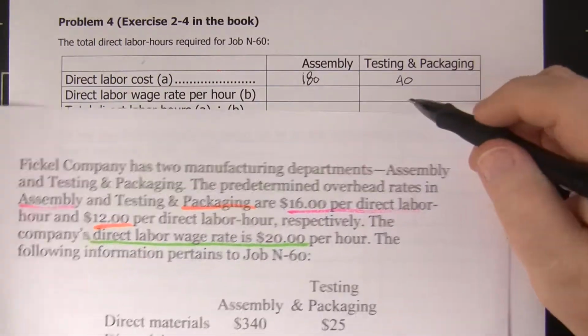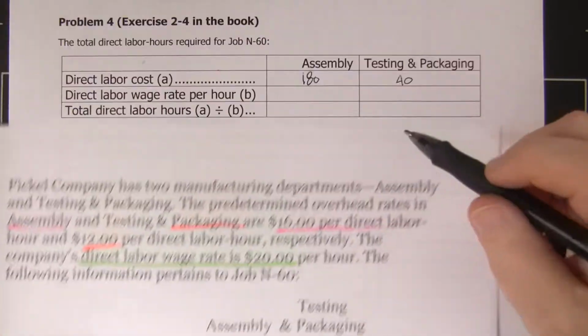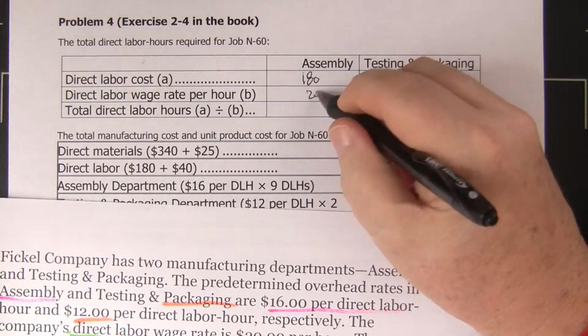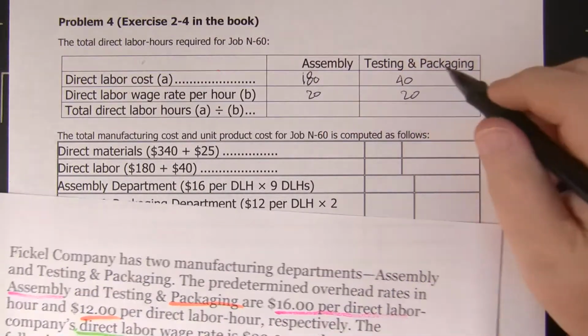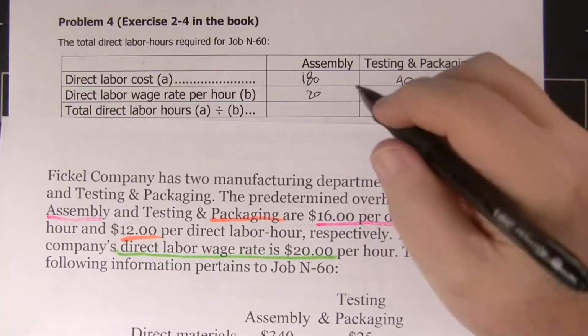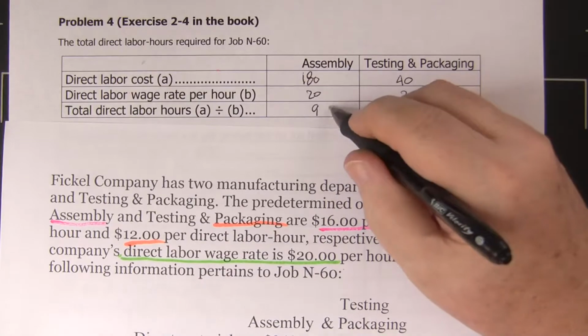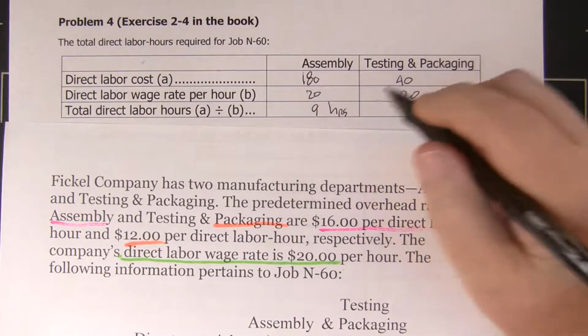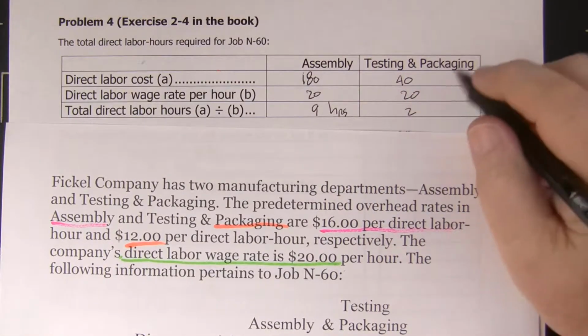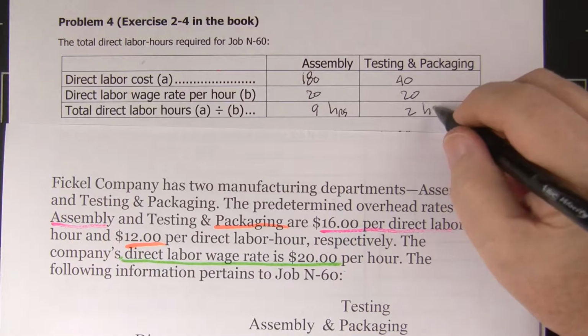Now we know the labor rate throughout the company is $20 per hour. So this job took 9 hours of assembly and 2 hours of testing and packaging.